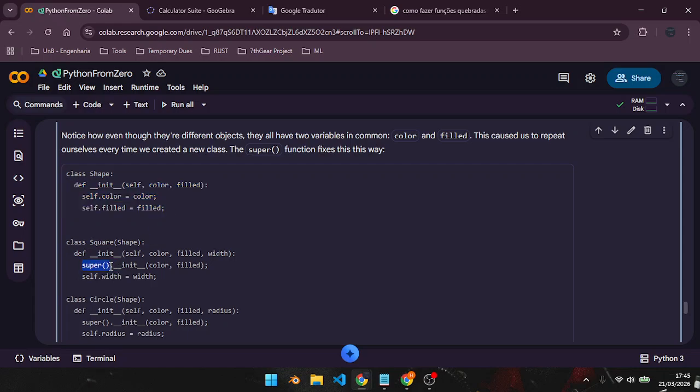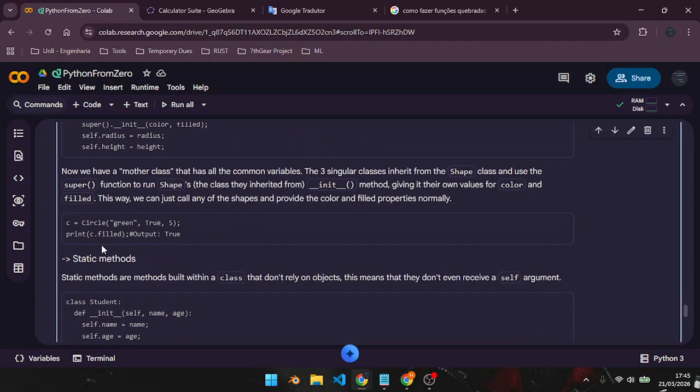The super function is gonna make everything from here available for you to use here. And then I could run this init here, this init here, is this init here, and I'm running it inside of another class. So I can set the color and field properties inside of this object that I'm currently constructing here, which is the square. That's what the super function is, basically.